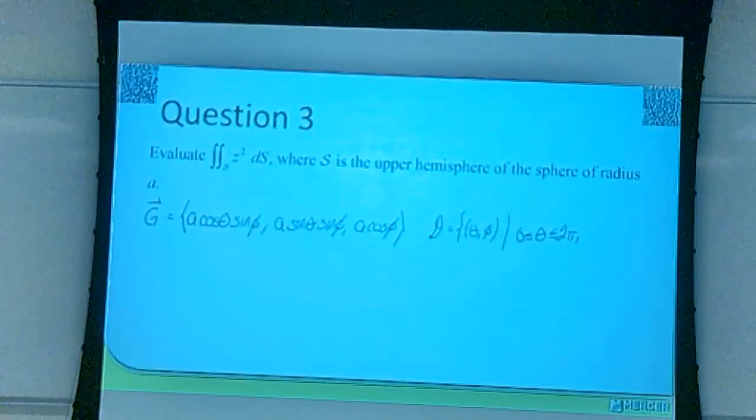So we're just going to parameterize the sphere and restrict its domain.